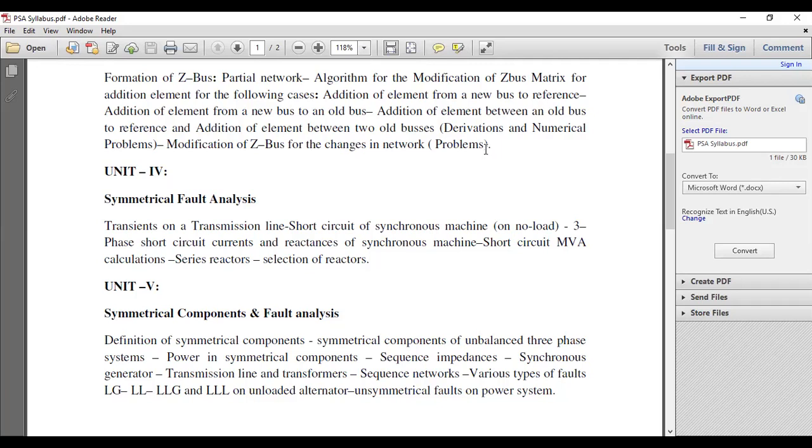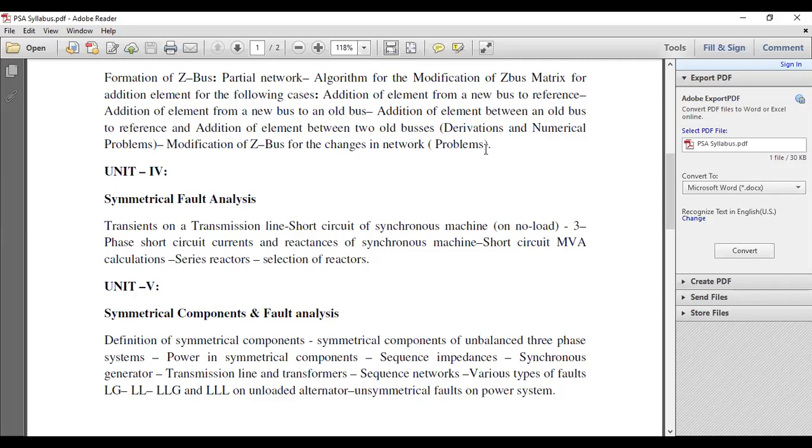But that is not the case with unsymmetrical faults, because unsymmetrical faults lead to unbalanced power systems. In the initial stages of the power system analysis subject, I told you the difference between unbalanced and balanced systems. From this chapter onwards we are regularly using these words, balanced system and unbalanced system.